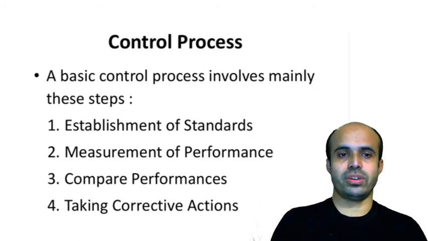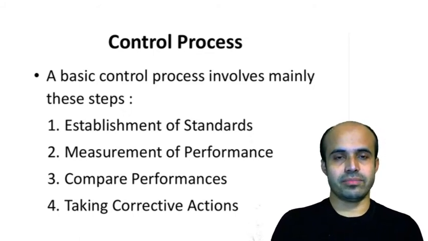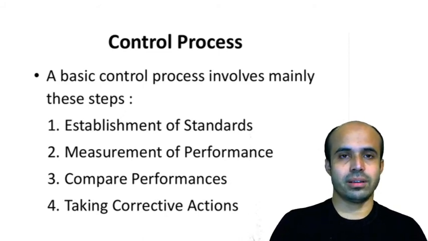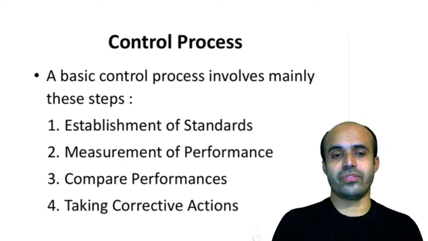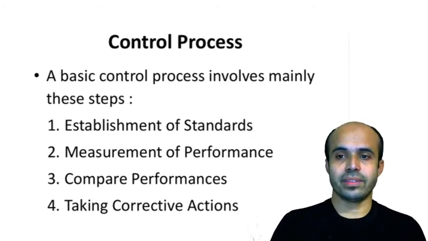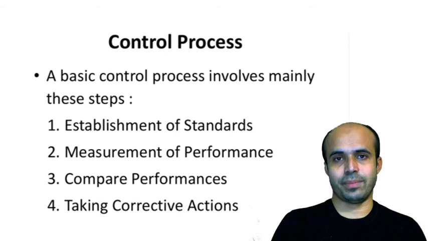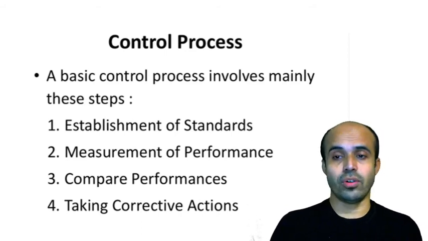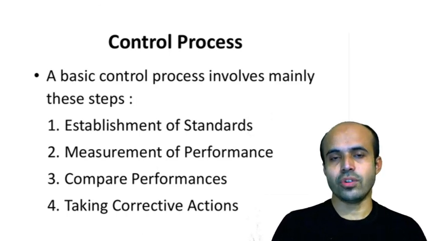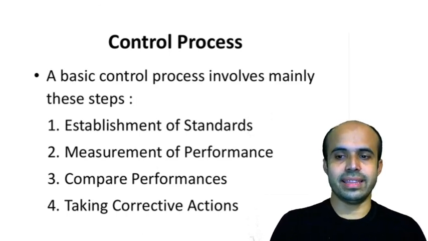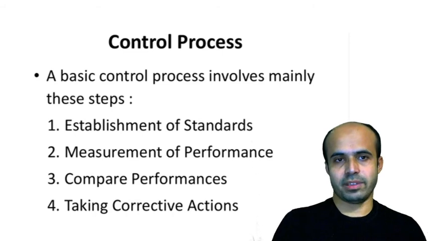We have to measure how much we have fixed as our standard and how much is produced, and then we compare. If I find any fault, then I have to take corrective action, or if there is no fault, then I can say that it is done and there is no problem. So this is the controlling process.